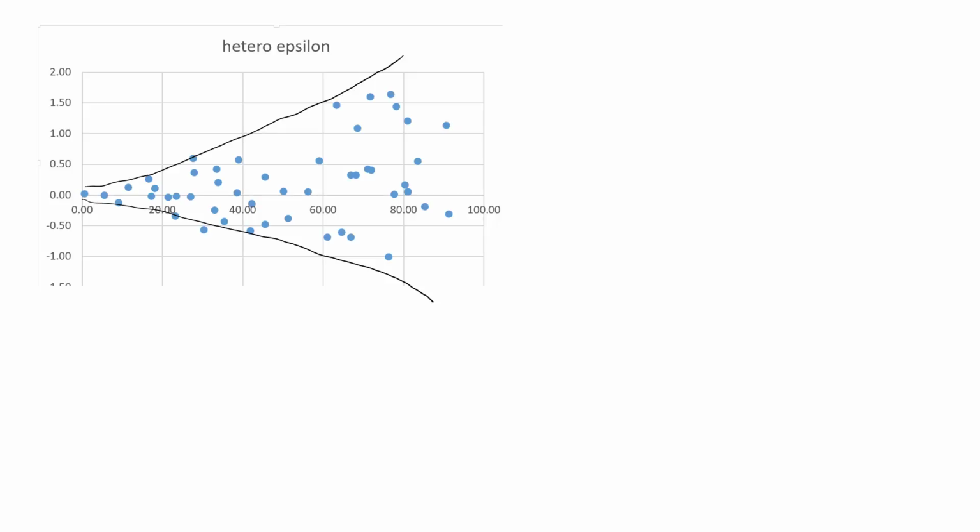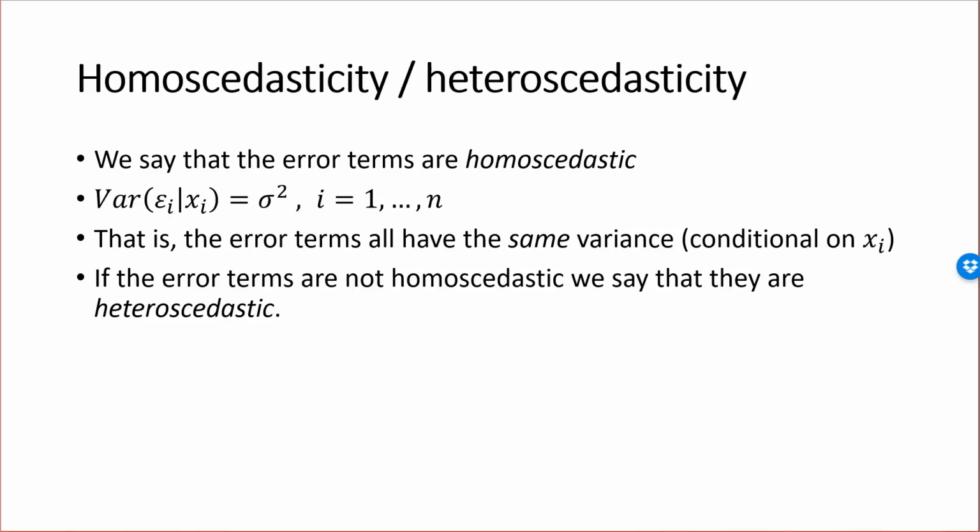So there's less spread in the error terms to the left and more spread to the right. The idea here is simply that if this was a scatter plot using countries, then we have large countries to the right with larger error terms and small countries to the left. Alright, so now we understand a little bit about heteroscedasticity, a varying variance.